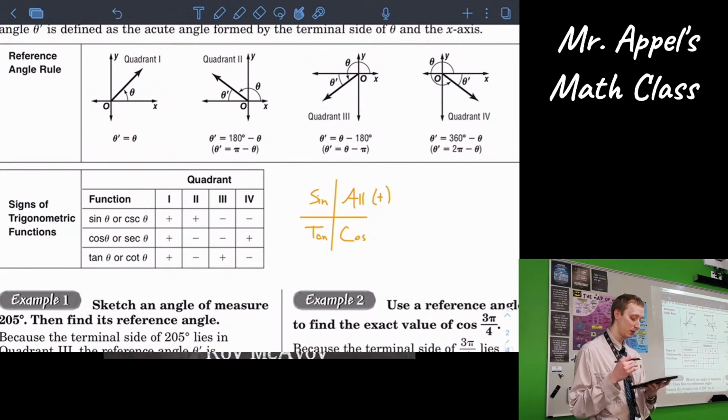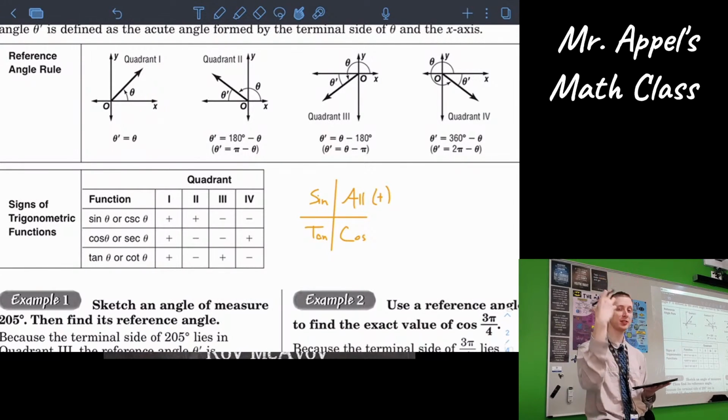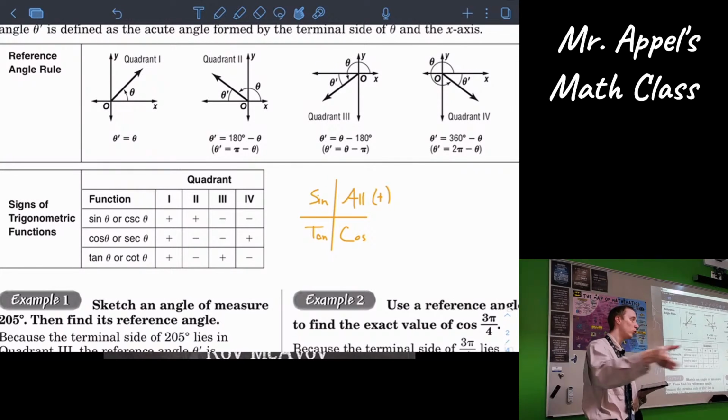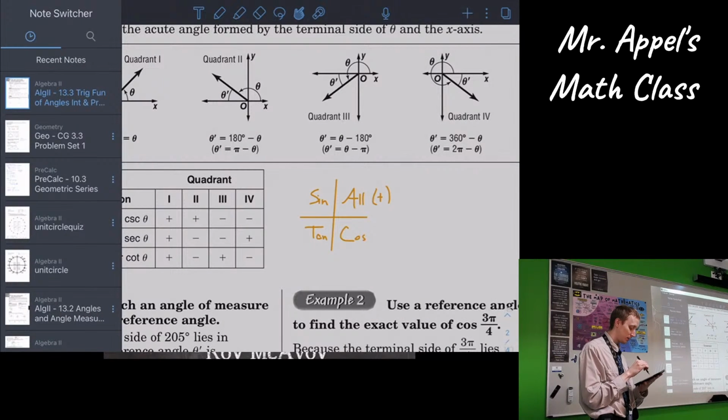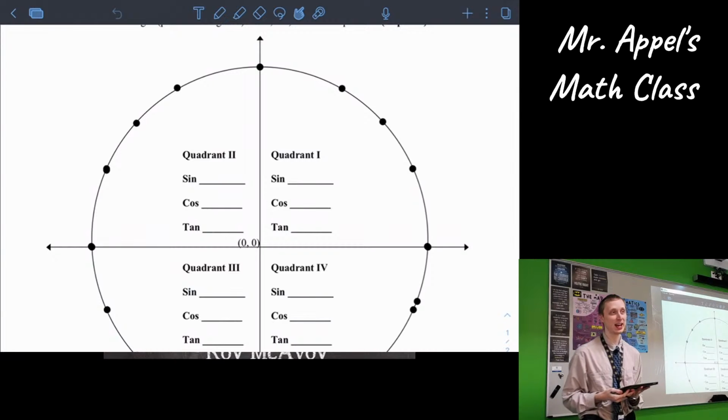All right. Now, I am going to build for you the most useful thing you can possibly have in this whole trig chapter, the unit circle. Right here, and I'm going to use a blank one. So if you do not have one of these in your notes already, please follow along with me. Draw such a thing in your notes.